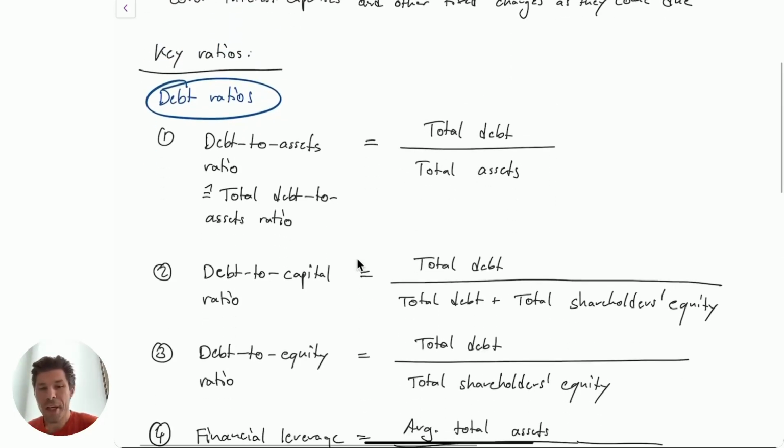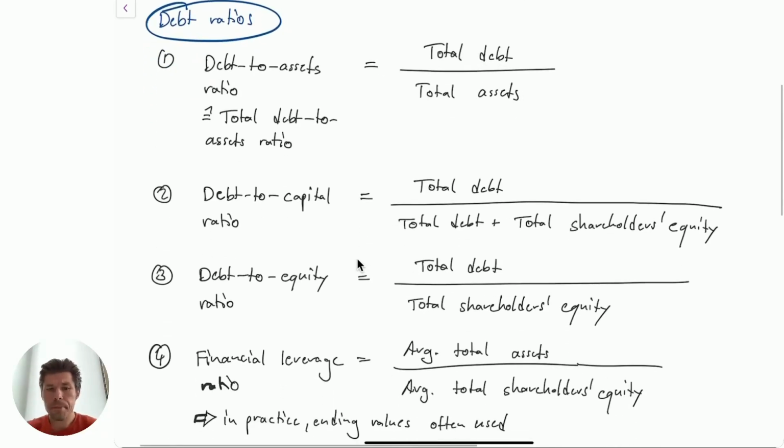The higher the number, the more debt the company has. So the debt to assets ratio measures the percentage of total assets financed with debt. For example, if you have a debt to asset ratio of 40%, that indicates that 40% of the company's assets are financed with debt. Higher debt, higher financial risk, and weaker solvency.